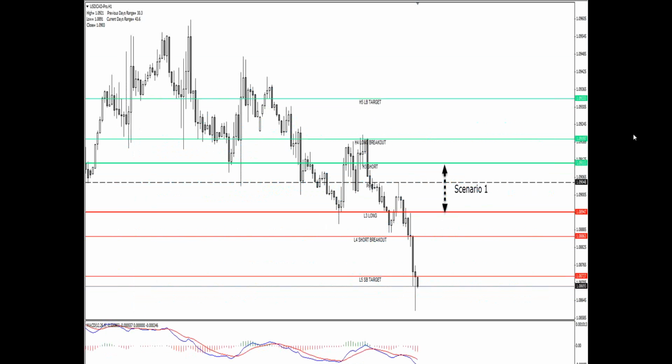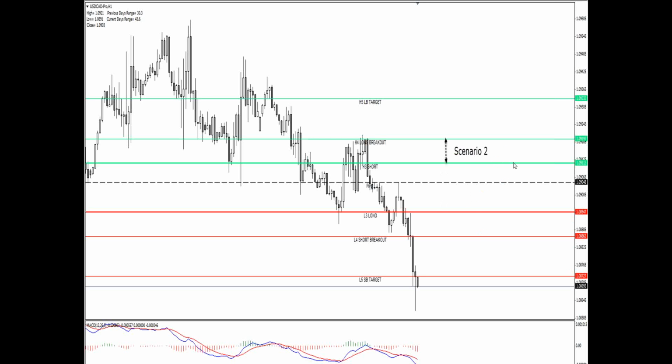Scenario 1, the most common scenario. Price is between H3 and L3. For a long trade, you need to wait for the price to go below L3 and then close above L3. You buy it. Stop loss is just below this region. Target is this, and the second target is this.